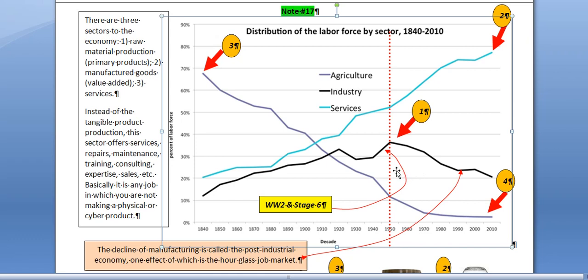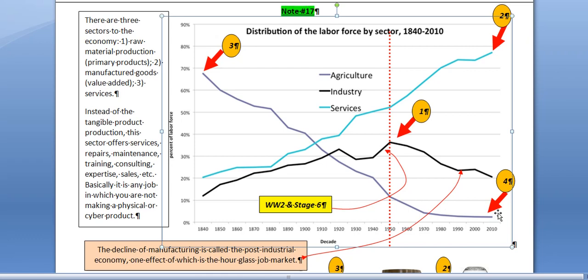So 1950 was a point where there was a transition to increased service sector, and by 2010 or so, service sector comprised almost 80% of our economy. This is the lion's share of our economy. 4/5 of our economy is here. It used to be agriculture. Now agriculture is way down here.